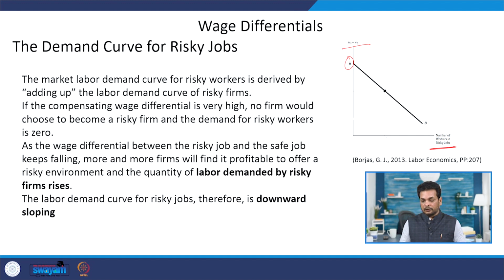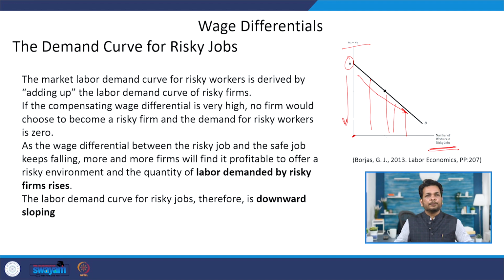Now, if it is 0, no workers are going to work in the risk environment. As it declines, you can see more and more workers are going to be hired in the risk job.